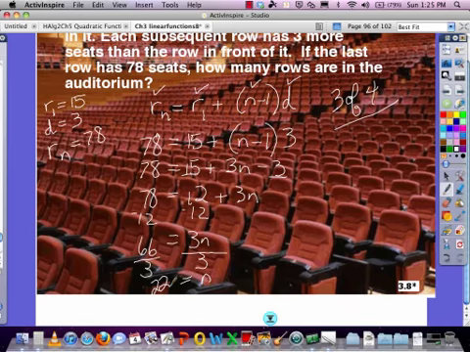So we're able to answer the question, how many rows are there in the auditorium? There would be 22 rows in this auditorium. So there's a real-world example of how we're going to solve these arithmetic explicit equations. You should be good to go to try the regular formula ones as well as the real-world examples.